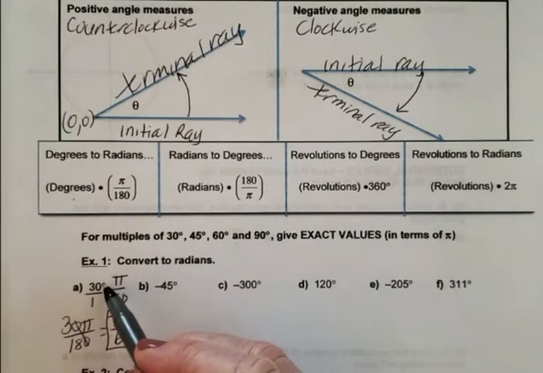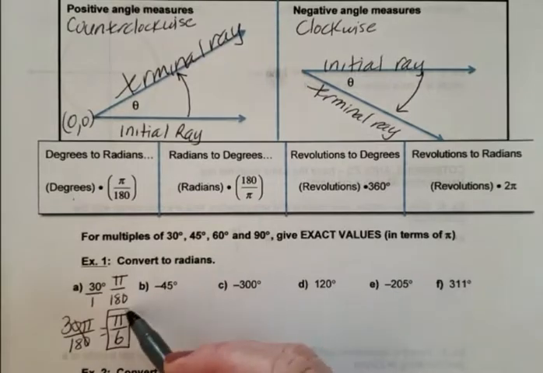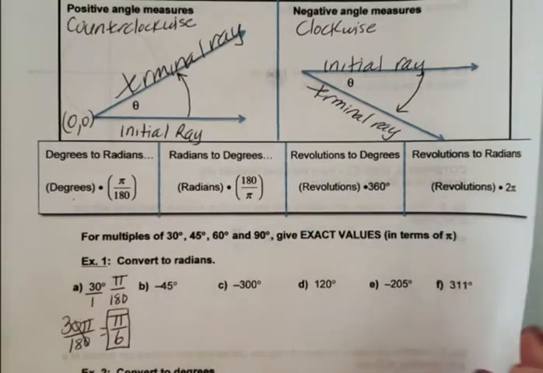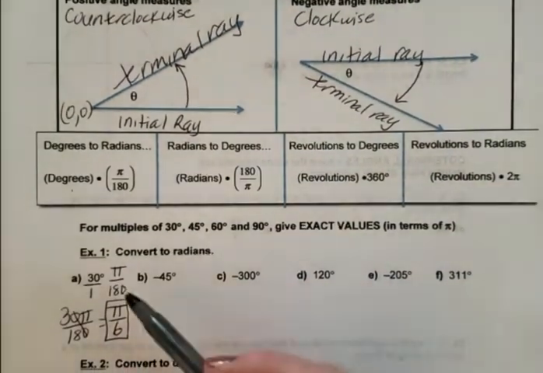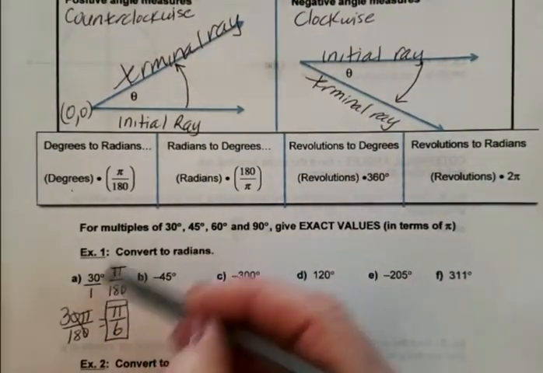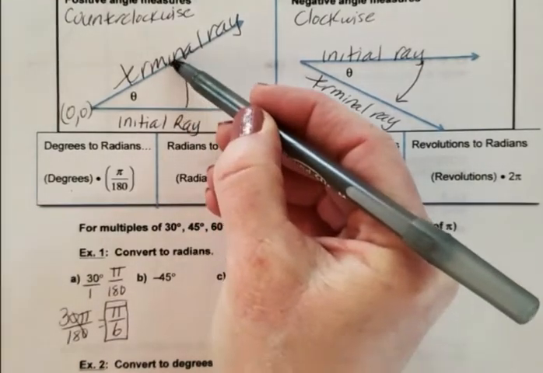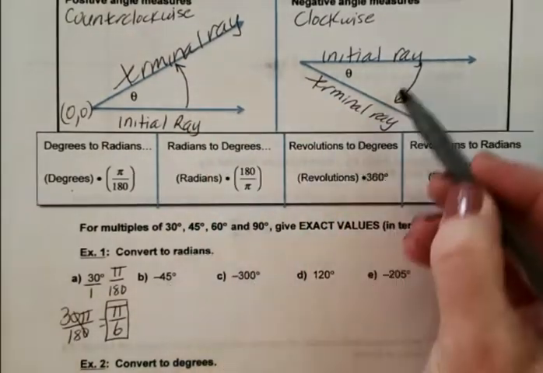Notice that if it's an angle measure in degrees, it'll have a degree symbol there. If it doesn't have a degree symbol, even if it's a whole number, like 20, assume it's in radians and not in degrees. So let's convert negative 45 degrees. The previous angle measure moves counterclockwise; this is an angle measure that's going to move clockwise.